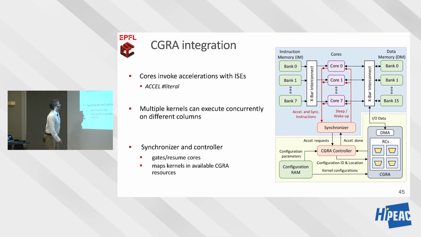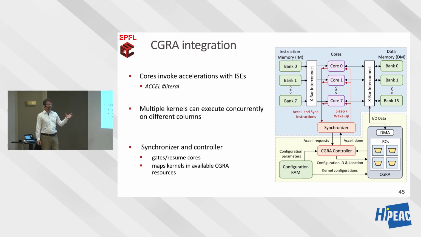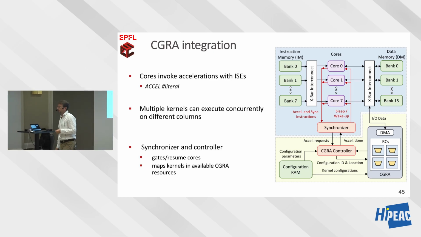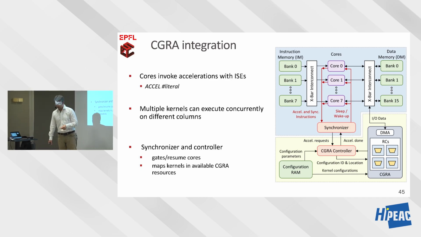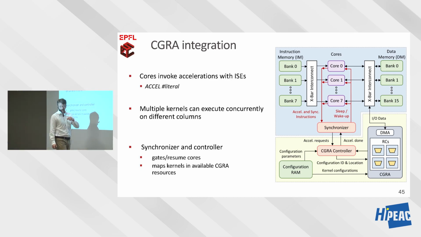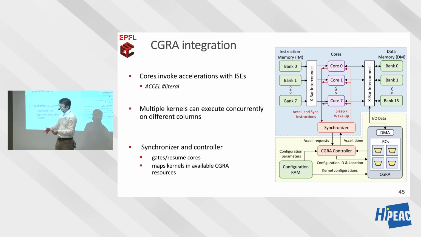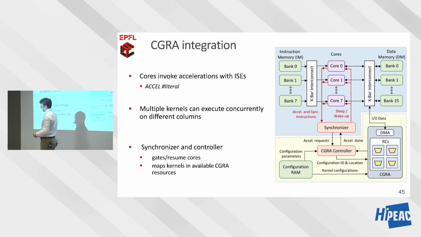Now, having multiple cores connected to a CGRA means that multiple cores may require acceleration. In order to take advantage of that, we provided multiple program counters, one for each column. When a processor requests an acceleration, it also declares how many columns it would like to map its acceleration routine to, so that we can partition the CGRA fabric among multiple acceleration requests.